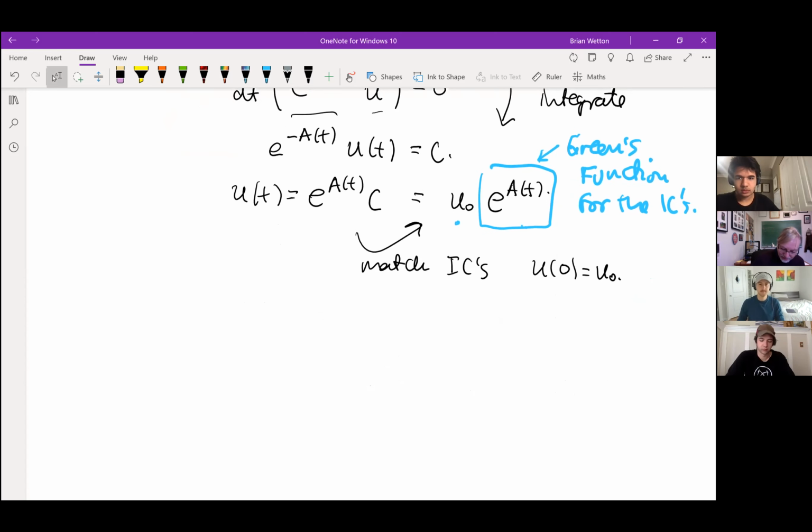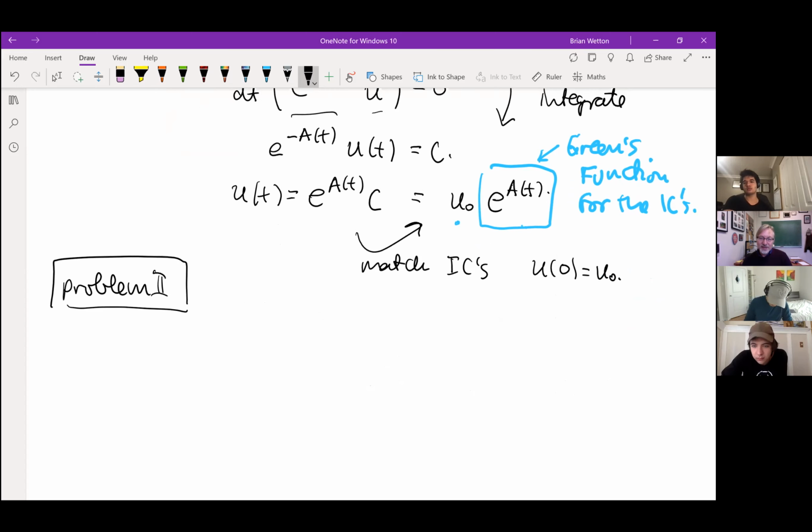Now, I'm going to go on to problem number 2. And we're going to see that the solution process is similar. And the Green's function for that one, which will be a function of 2 variables, because I have to figure out how the f at every time affects the solution at every later time, right? I can really get that from this Green's function in a simple way.